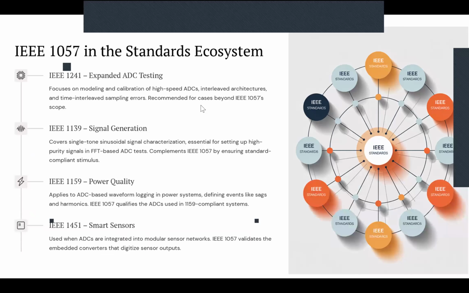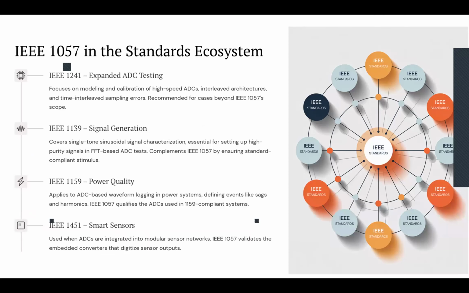Now, 1057 is not a standalone, one-soldier-army case. There is an ecosystem of standards that complement the 1057, and you need to make sure that you follow those complementary standards based on your application.